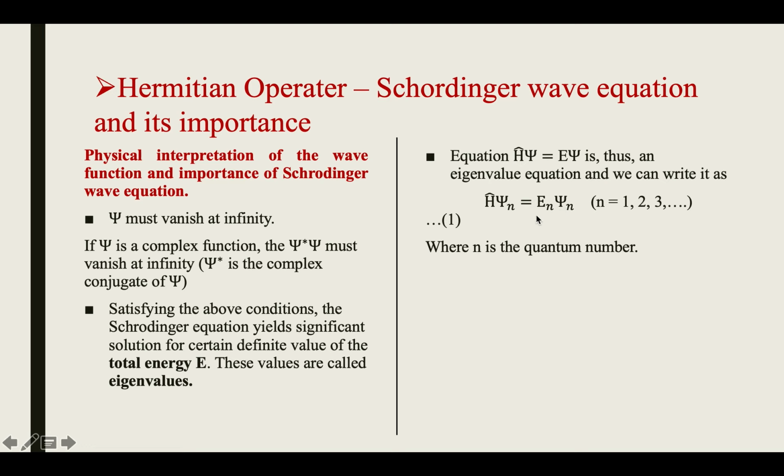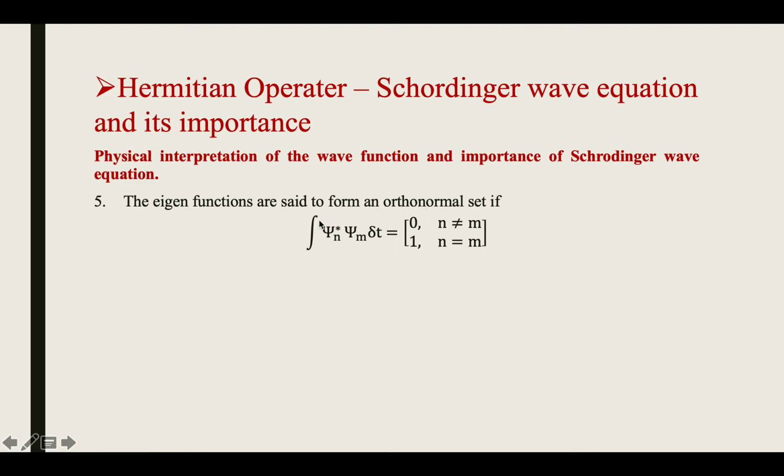The fifth point is that the eigenfunctions are said to form an orthonormal set, that is, the integration of psi n star into psi m dt has to be equal to either 0 or 1. It will be 0 when n is not equal to m. So this is your n and this is your m. If these two values are not the same, you will get the value 0, otherwise when n is equal to m, you will get the value 1. In that case, these functions are said to be an orthonormal set.